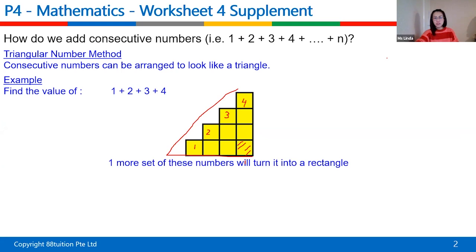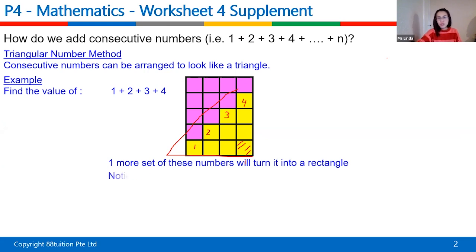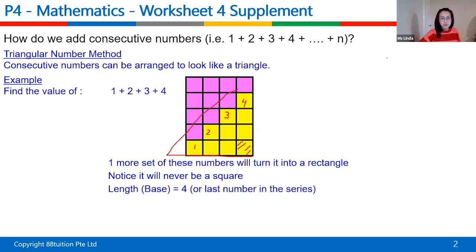So that's one of the methods. All right, one more set of these numbers, it will turn into a rectangle. So if you add in another set, which is your 5, right? Yeah, it will never be a square if you notice. It will just keep going. If you add it on, it will keep going to be a rectangle. All right. So your length, which is equals to 4, okay, which is your last number on this particular part is your length.